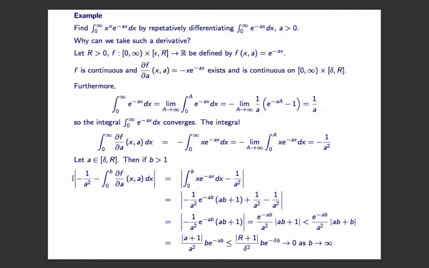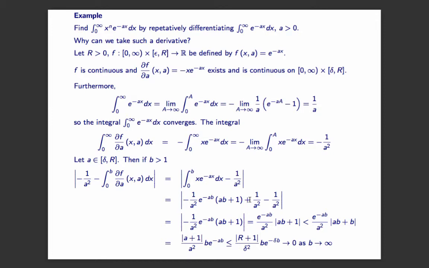So, in other words, I need to show that this difference can be made arbitrarily small so long as b is big enough, but the big enough cannot depend on a at all. And I can do that by, well, taking my integral.